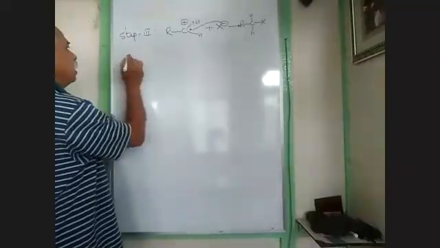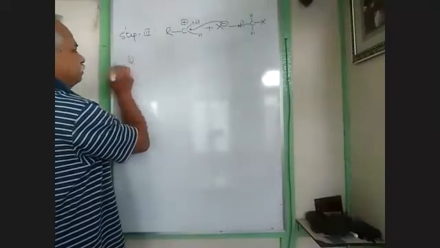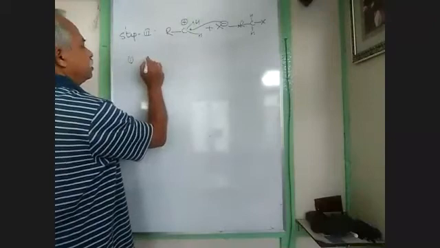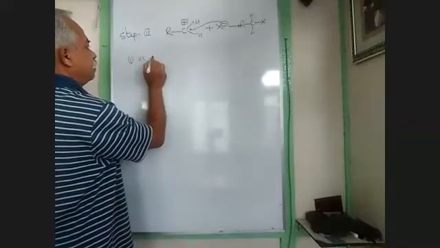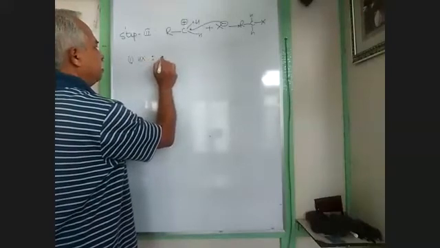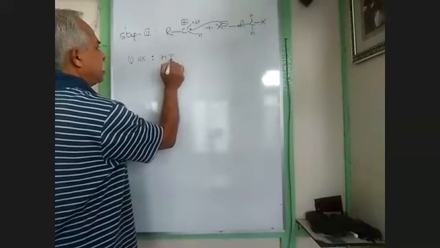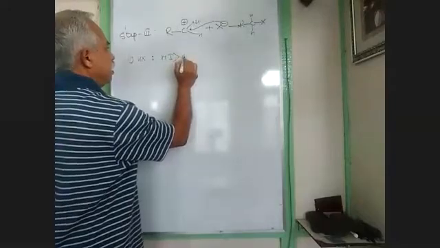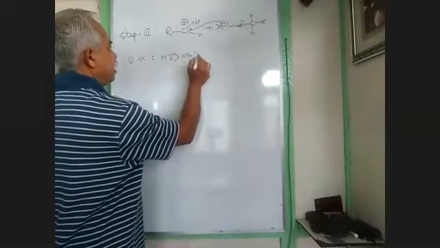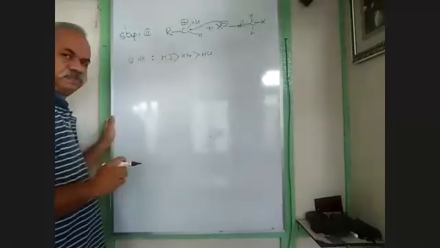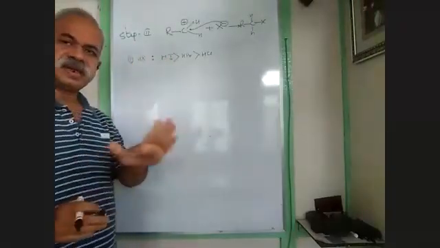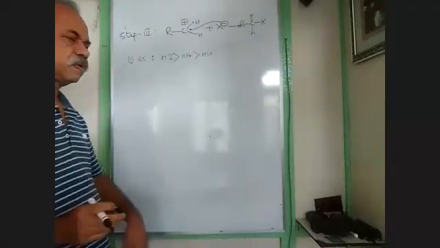Okay, now see here, I'll write 1. It is for HX, I'll write here now: HI, HBr, and HCl. I'm not bringing HF. HF does not follow this one.